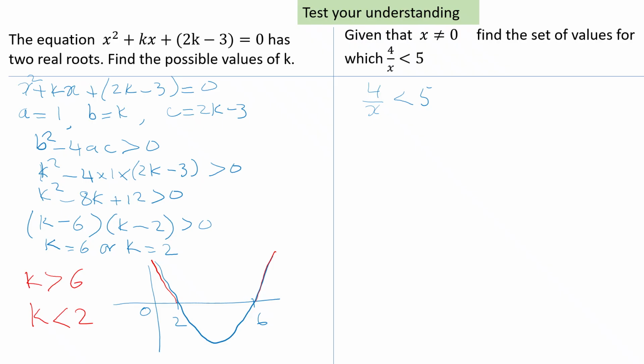Why do we need to multiply by x squared? Because we don't know the sign of x. If you multiply by x squared, it's always positive, so the inequality sign is not going to change. So multiplying both sides by x squared, 4x less than 5x squared.